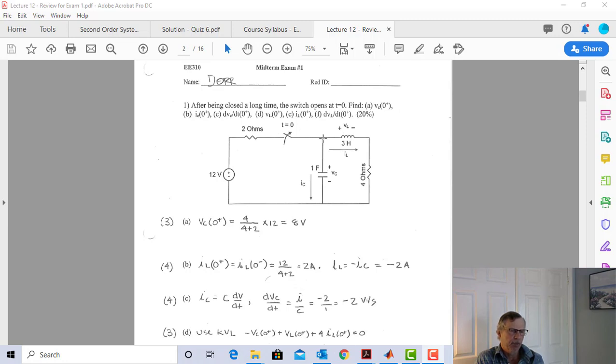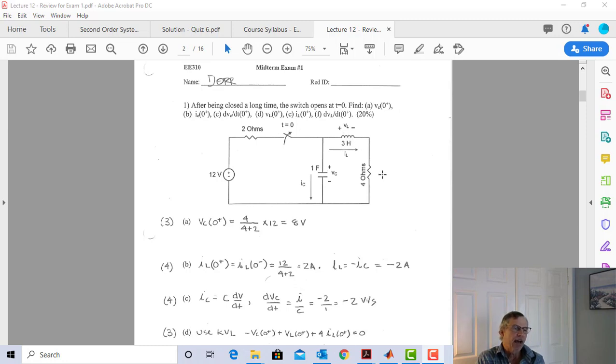At 0 plus, this voltage isn't going to change. And this current is not going to change, which means that this voltage isn't going to change. So I started off with 0 volts. So at t equals 0 plus, I'm going to have 0 volts.